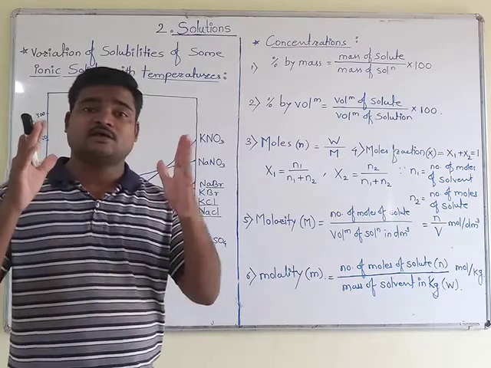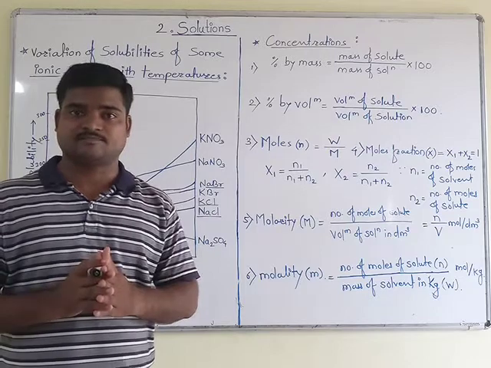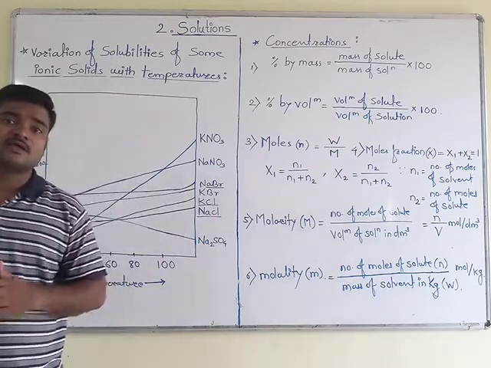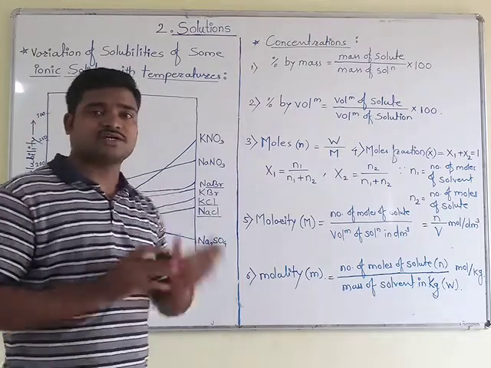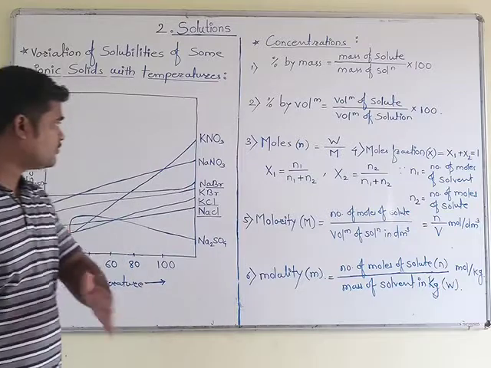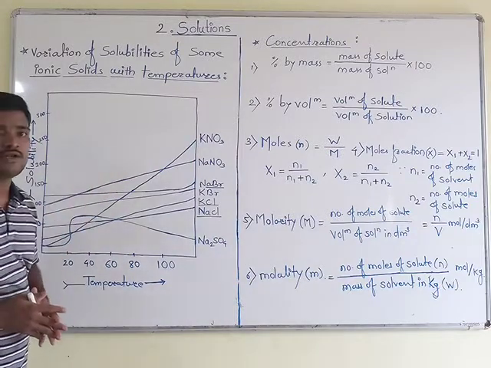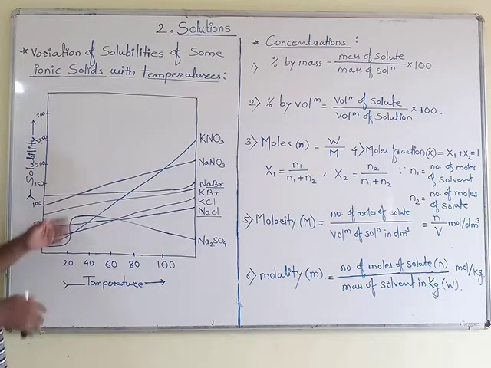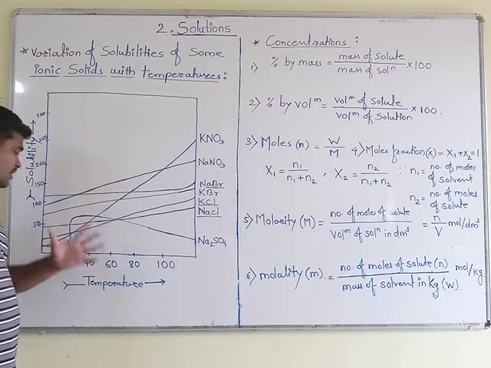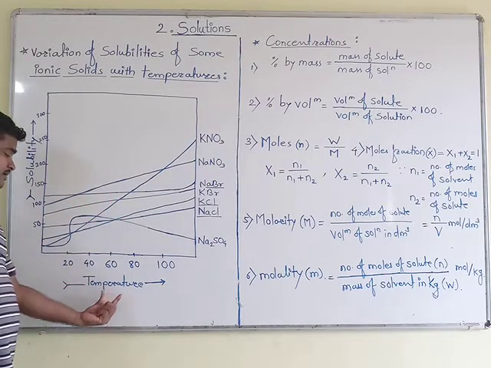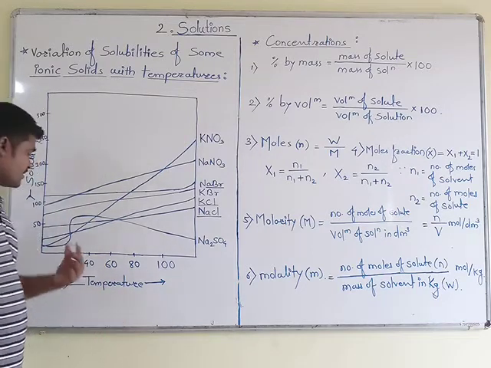But this case is not applicable to all chemical substances. There are some exceptional cases, which we are now going to study with the help of this graph. Now look at the nature of the different plots which we have got by drawing the solubility against temperature.